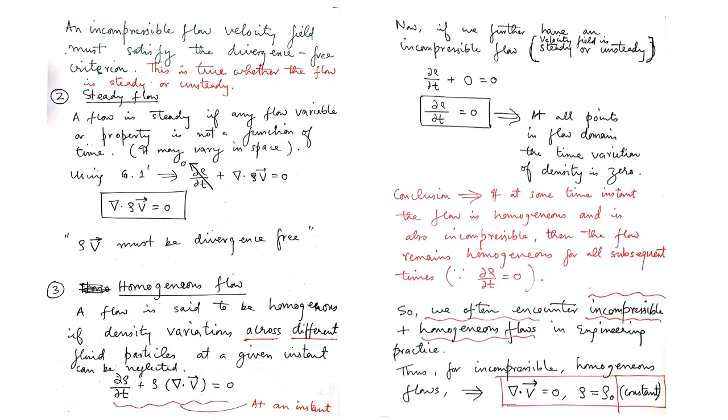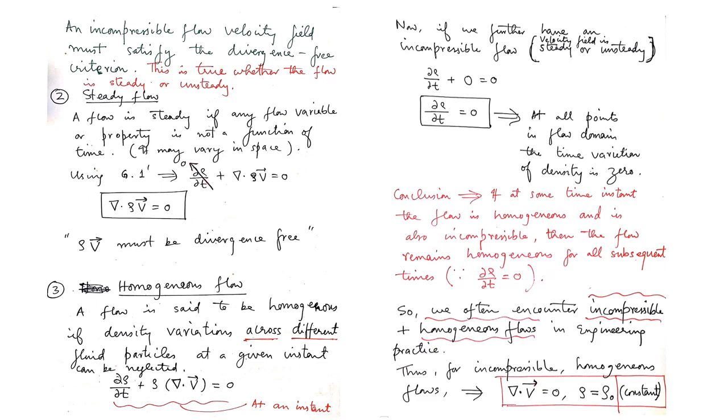So a flow is said to be homogeneous if density variations across different fluid particles at a given instant can be neglected. तो इसका मतलब homogeneity is like an instantaneous concept. Okay, so it means you can talk of homogeneity in a flow field at a certain instant of time. And its connection is with density only. So no other property is being talked about in a homogeneous flow.